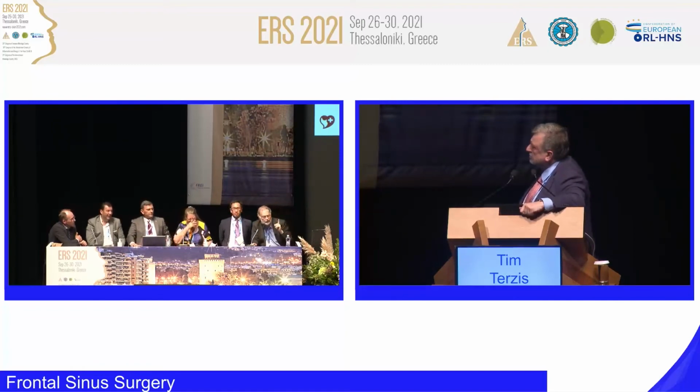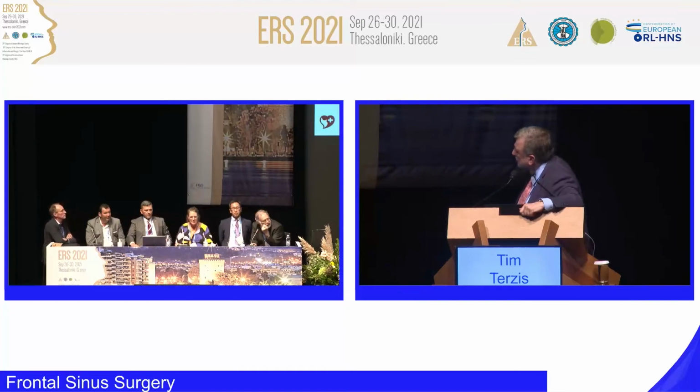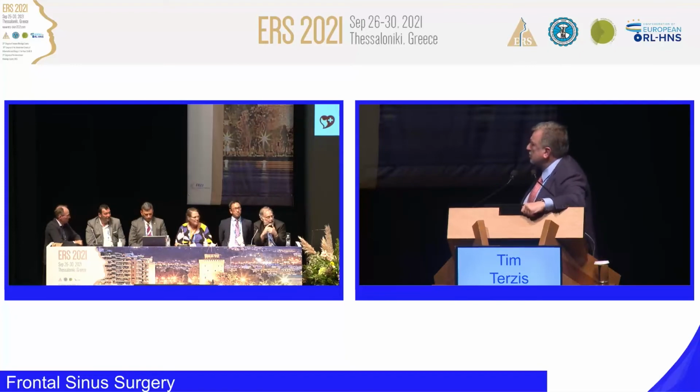I would like just to make a comment about the definition of recalcitrant eosinophilic CRS. When you have a patient who comes to you because he had a lot of surgery and it doesn't work, it's not necessarily because the surgery was not correctly done, but maybe because the diagnosis is not right. So is there allergy? Do you have treatment? For the treatment, do you use the treatment recommended by the international guideline?